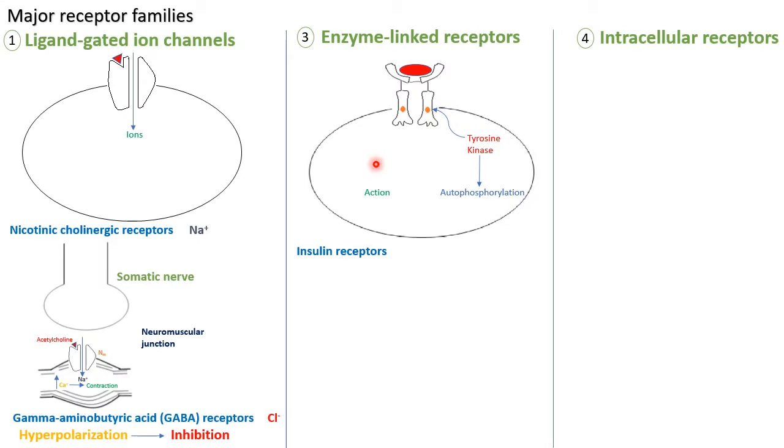These receptors, as the name describes, are found inside the cell. So we have the receptor here in the cytoplasm. And as we learned, the ligand that binds to this receptor must pass through the cell membrane.